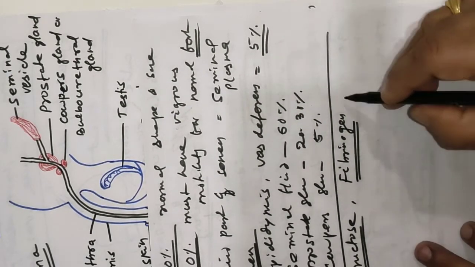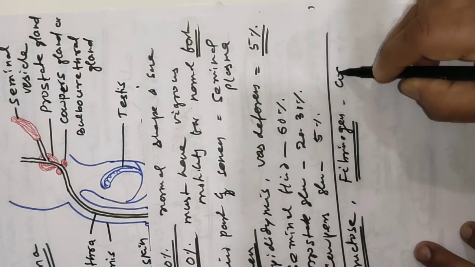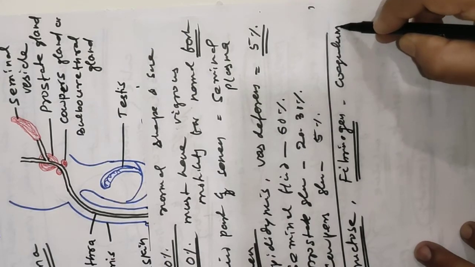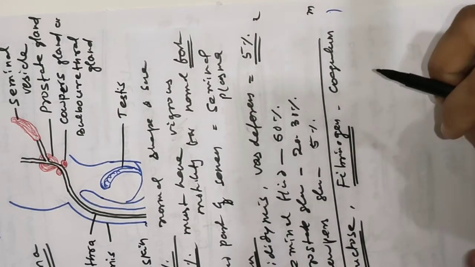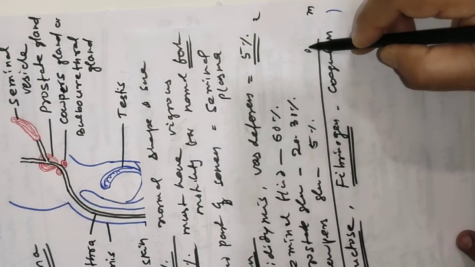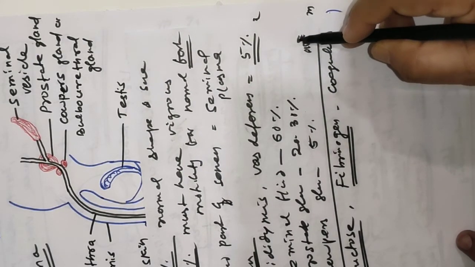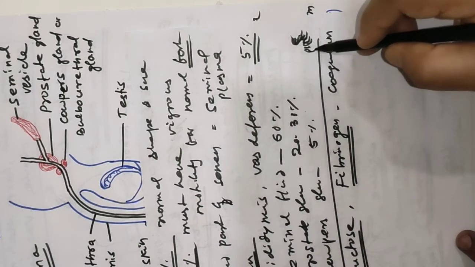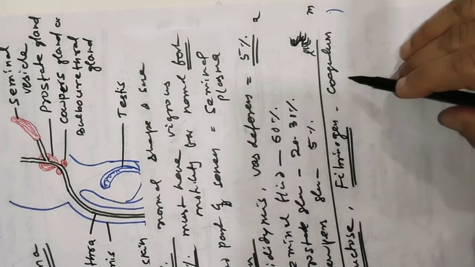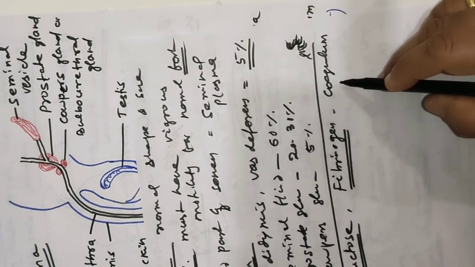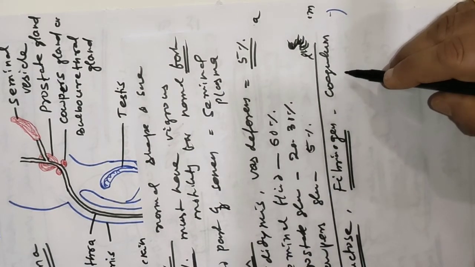Fibrinogen is required for forming coagulum. Coagulum means all the sperms are coagulated or accumulated inside the female genital tract. So fibrinogen helps in formation of coagulum inside the vagina.